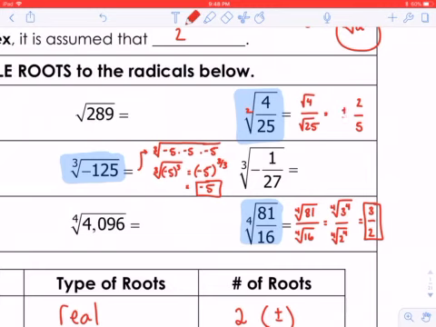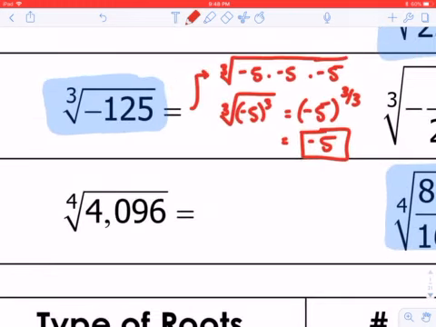But these should be plus or minus when you're doing an even radical, if you remember that whole process of simplifying radicals. But this one is not plus or minus, because positive 5 times positive 5 times positive 5 is not negative 125. So you see how that's only one answer.